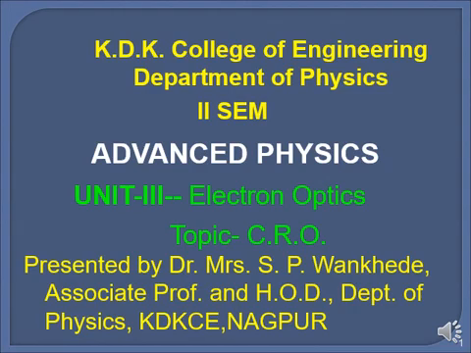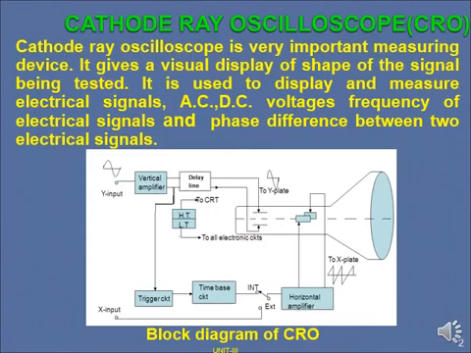Today I am going to deliver a lecture on CRO. In this lecture, I will discuss the function of the 5 blocks of CRO. CRO is a cathode ray oscilloscope. It is a very important device.